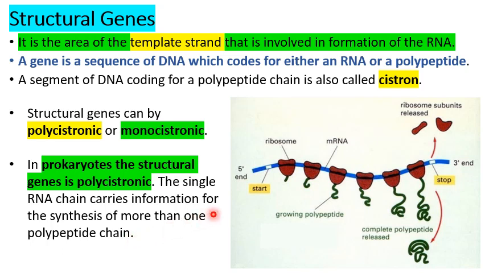Each ribosome will translate that particular protein and then get detached from the RNA chain. So in prokaryotes, the structural genes are polycistronic, and all the sequences present on the mRNA are translated.